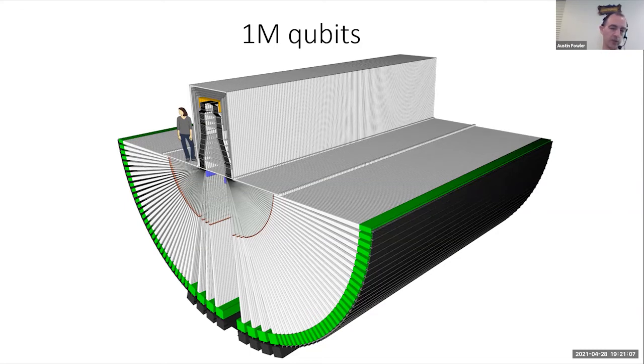Whereas with superconducting qubits and only nearest neighbor interactions and perhaps not the highest fidelity gates in the universe, I suspect we're at a strong disadvantage there. So, horses for courses. Ion traps, I personally believe, are the way to go if you are focused on no error correction. My personal feeling is that superconducting, the speed of it, the locality of it, the compatibility with the surface code, is the way to go if you wish to do a large-scale error-corrected computer.